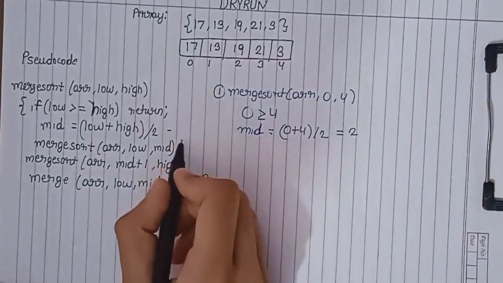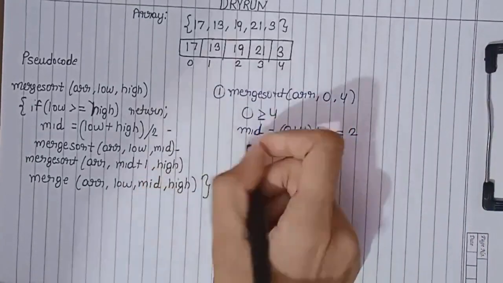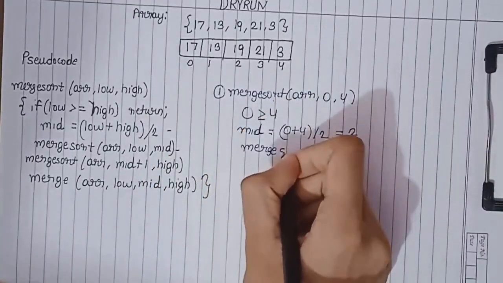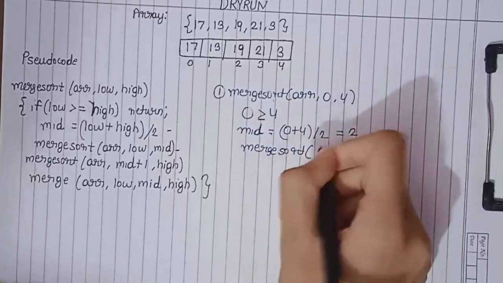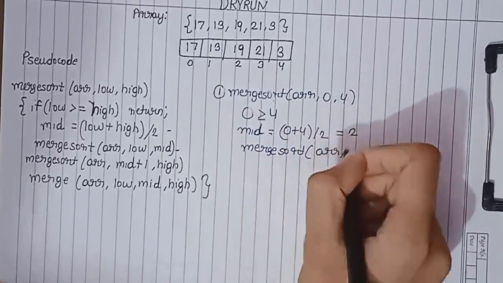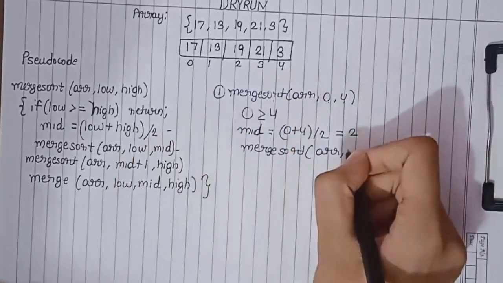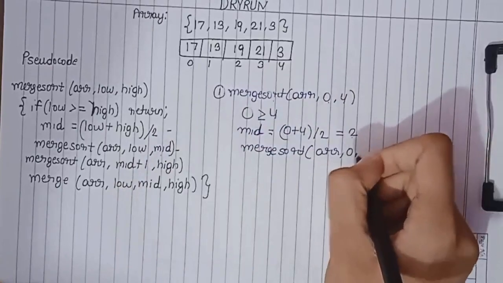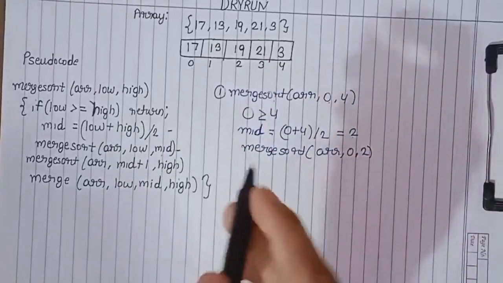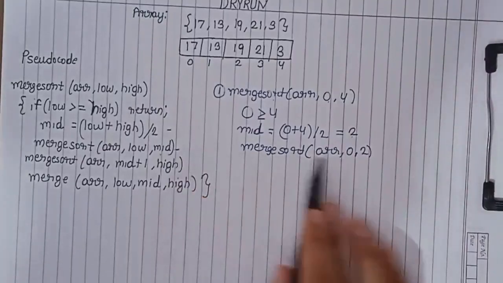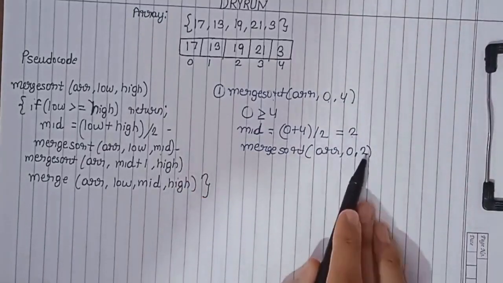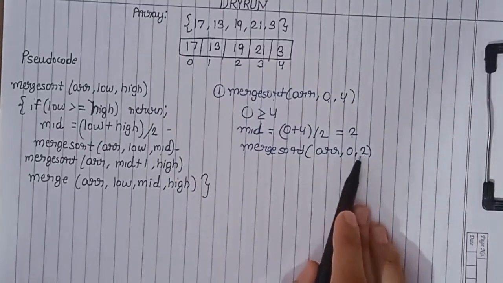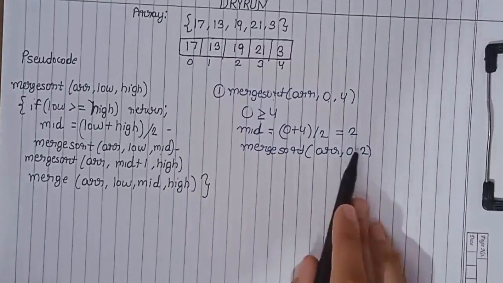So now the control will go on this line, and here again there is a call for this merge sort function, and this call is as follows: array, the lowest index is 0 as we know, and the mid that we have calculated here is 2. So now you must note that by this call where you have passed your lowest index as 0 and highest index as 2, you have indirectly divided your array using the index.